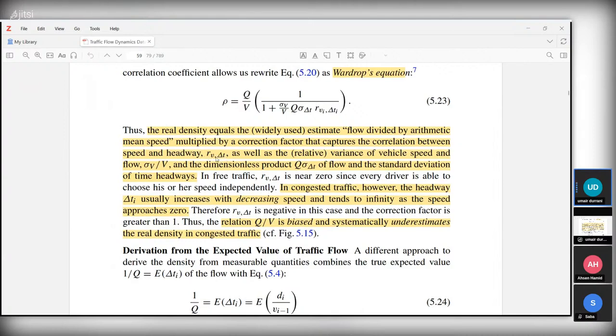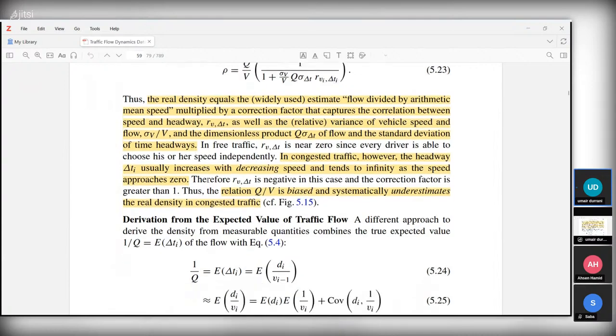And it's also considering the linear correlation as well as the relative variance of the vehicle speed and flow. Sigma v divided by v is the relative variance of vehicle speed and flow, and the dimensionless product q times sigma delta t, of flow and the standard deviation of time headways. There's a lot that they have covered in this correction factor.